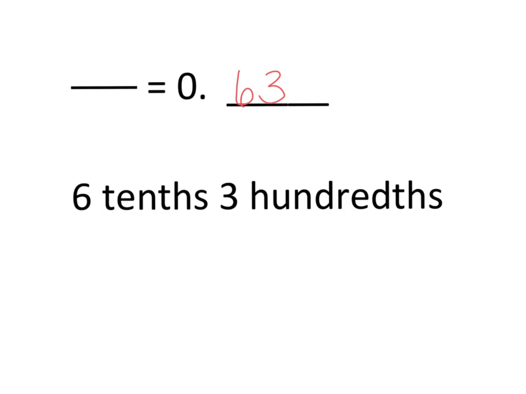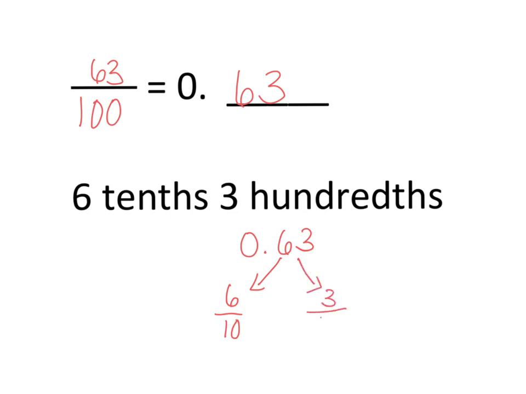So what would that look like as a fraction? 63/100ths. So if we were to look at this decimal here, how many tenths do we have? We have 6/10. Plus what we've got in the hundredths, we've got 3/100ths.